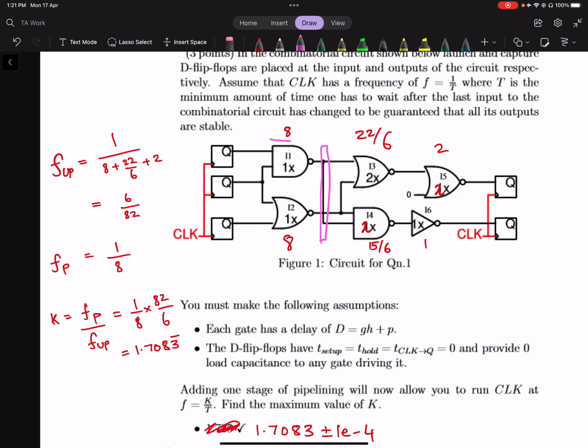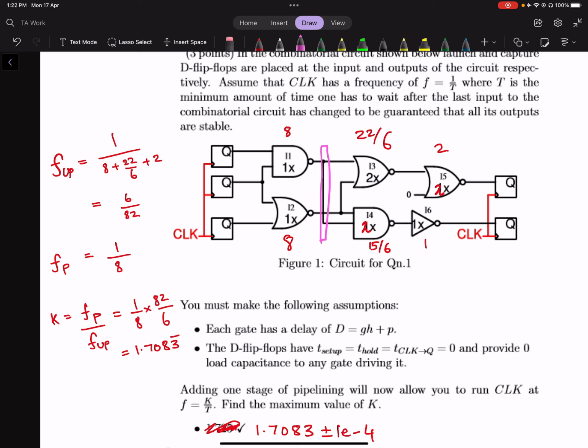So over here it will be like 8, and over here it will be something like 22 by 6, which is roughly 4, so it will be 6. So 6 and 8. That's closest. That's the best you can get towards 50% of delay on each side, and so that's where we will place the pipelining flip flops.